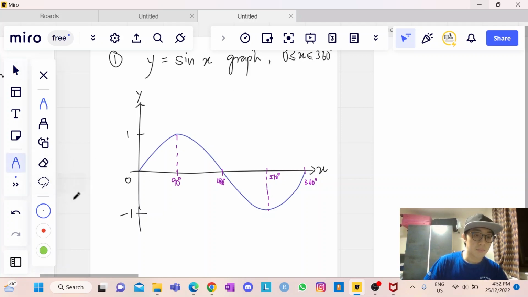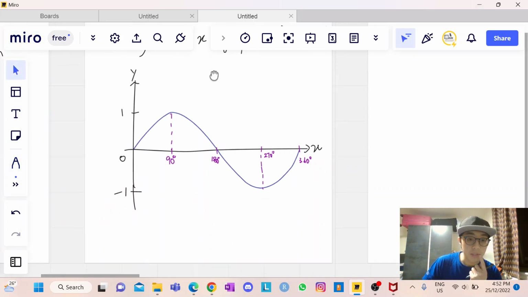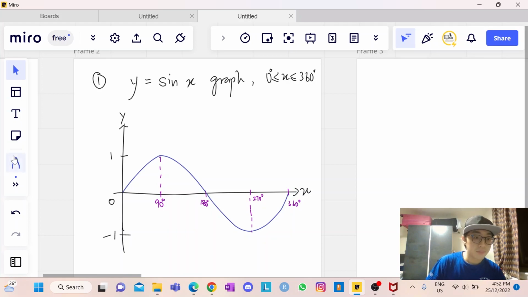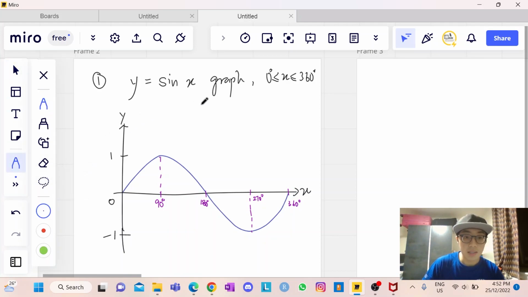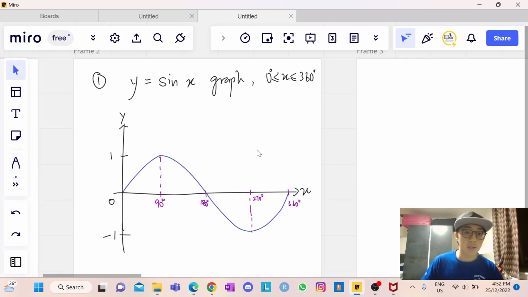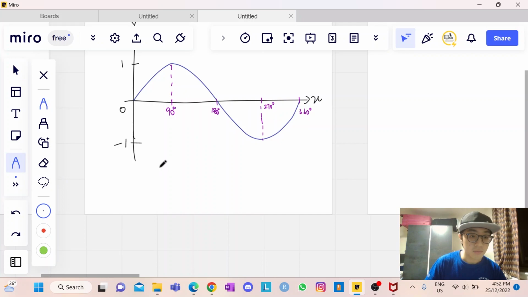Some easy things to take note of, which I'll write here. From the graph, you can see that sine 0 degrees equals sine 180 degrees equals sine 360 degrees equals 0.